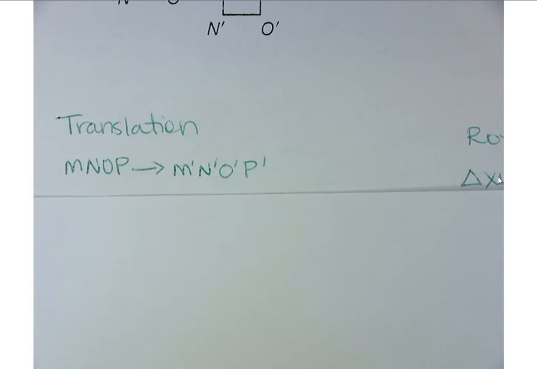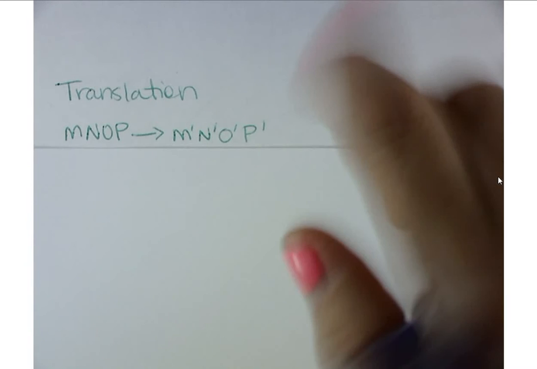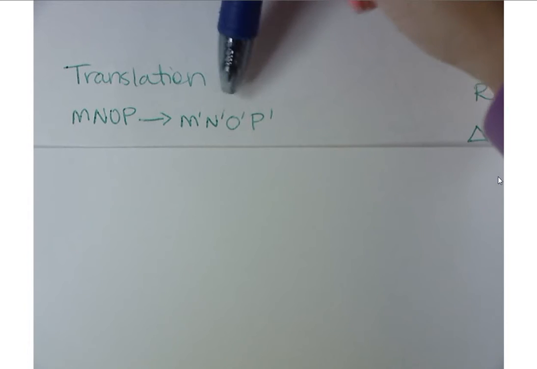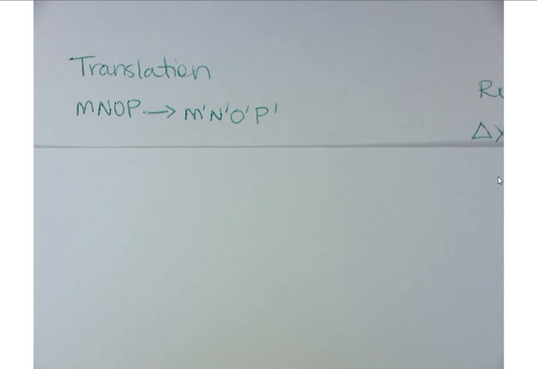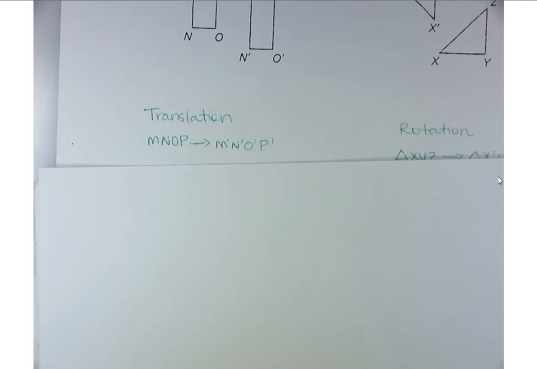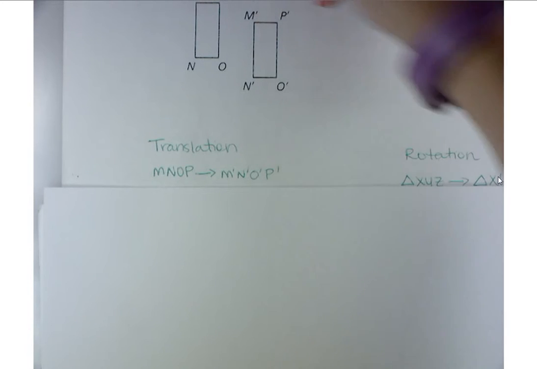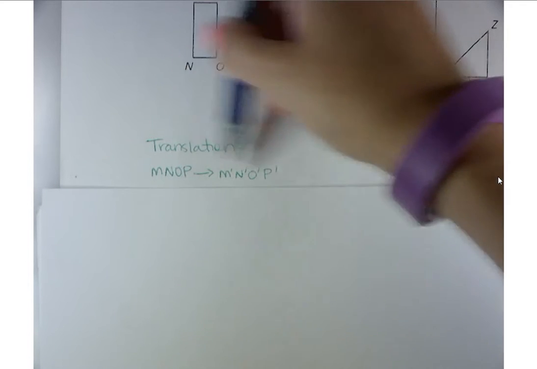Okay, so this is MNOP, and that would translate to M prime, N prime, O prime, P prime. Okay, and you do have to keep that order the same. M is what's going to M prime, P is what's going to P prime. So notice how those are in the same position in my statement.